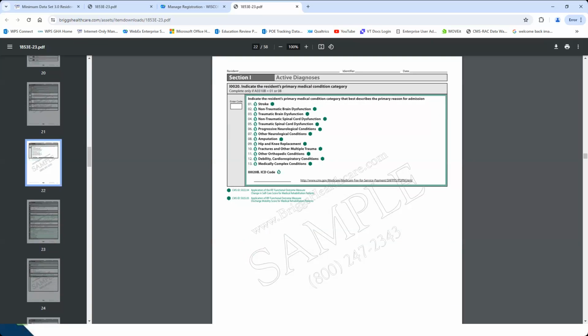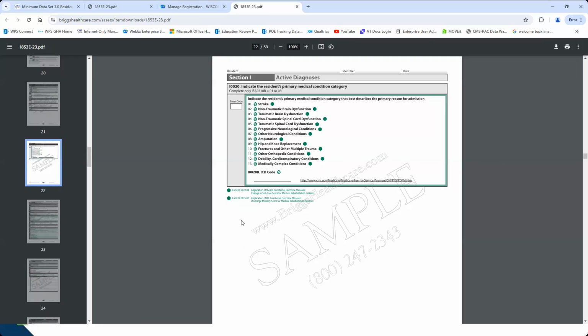Okay, so section I, as I've said, is a big one. And remember, for today's purpose, we're going to focus on those drivers in this section. So again, section I is on active diagnoses. As you can see here in section I0020, primary medical condition category, all of these are marked with a green money bag and green hexagons.